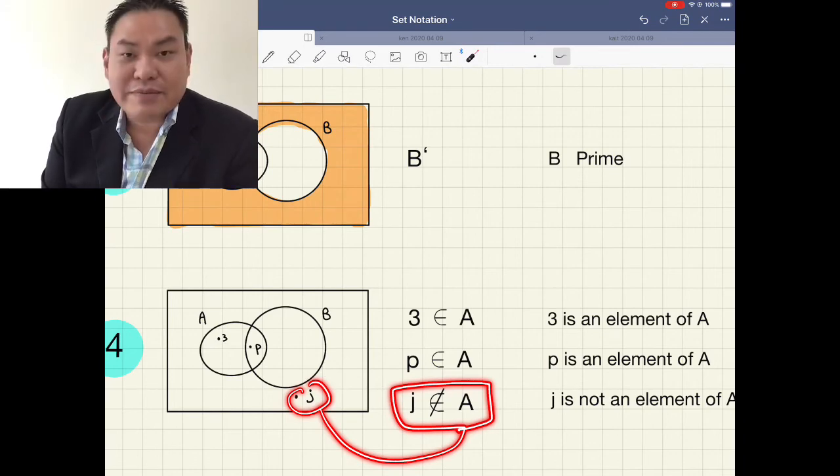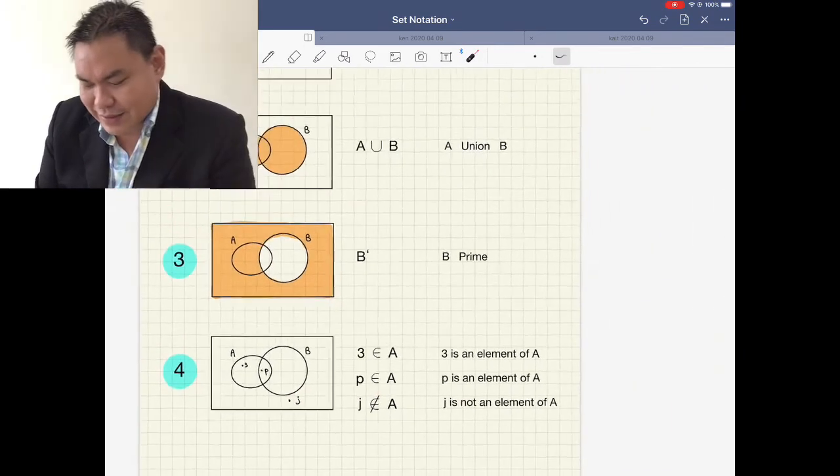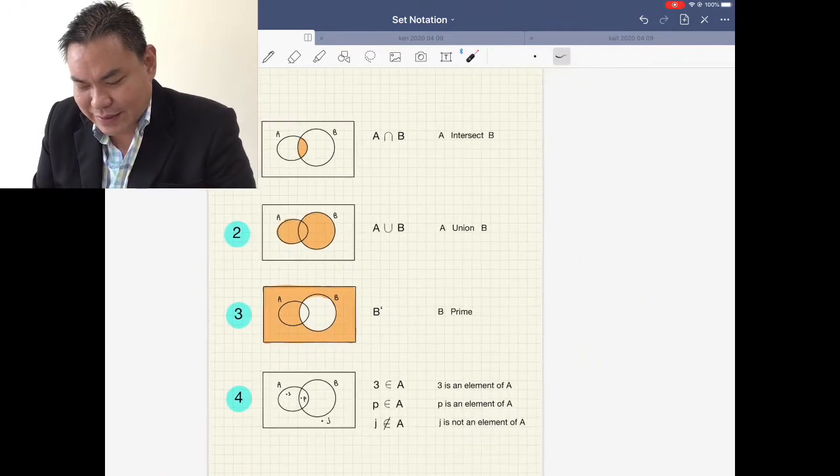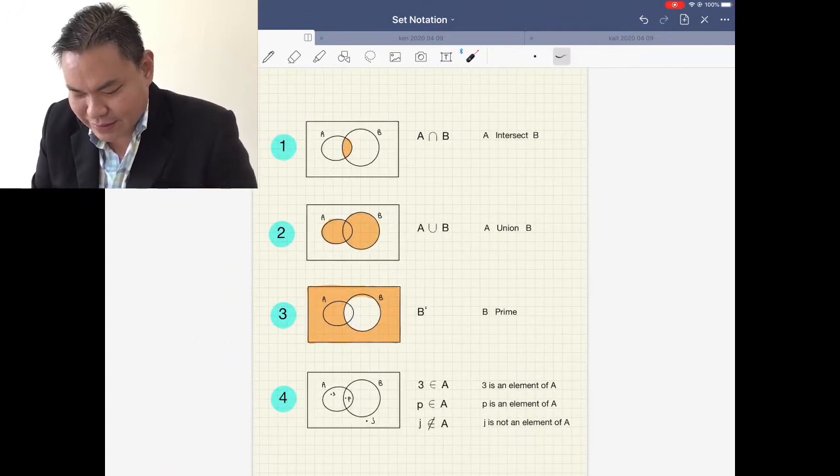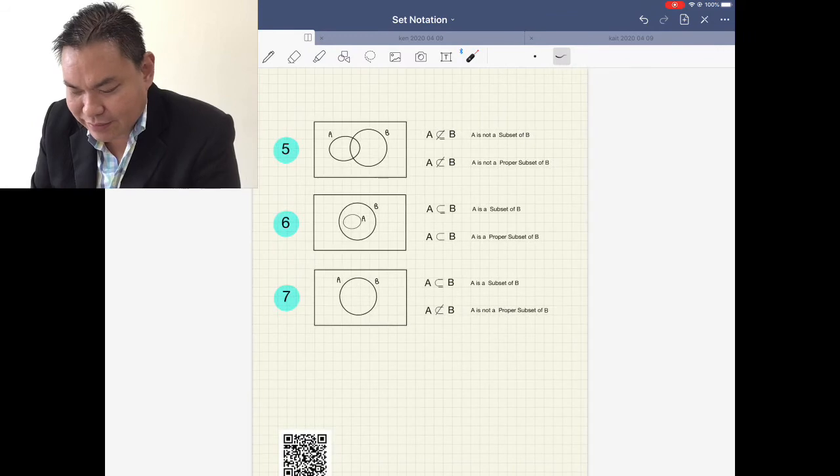J is not an element of A. I think it's quite easy for you to understand this diagram.